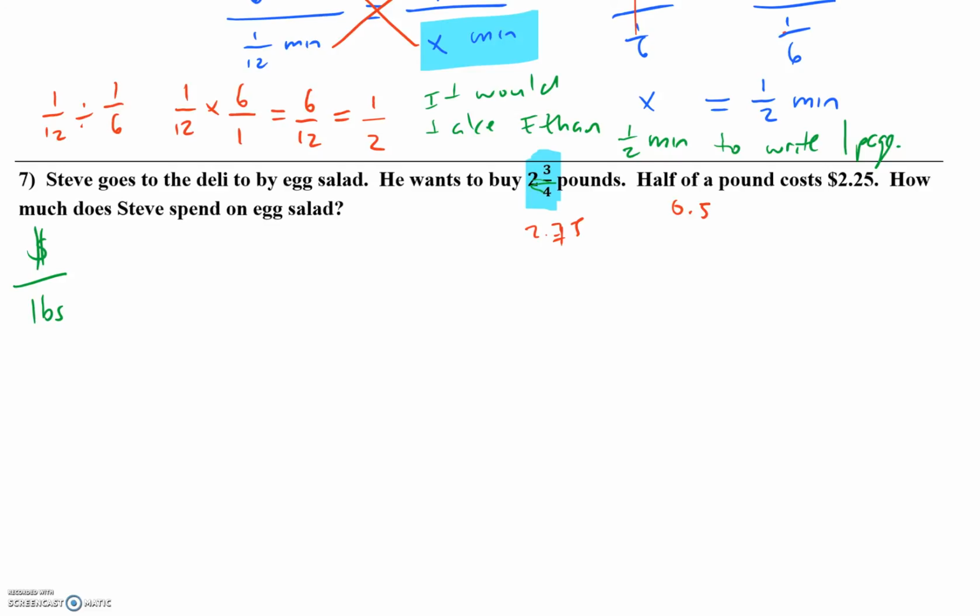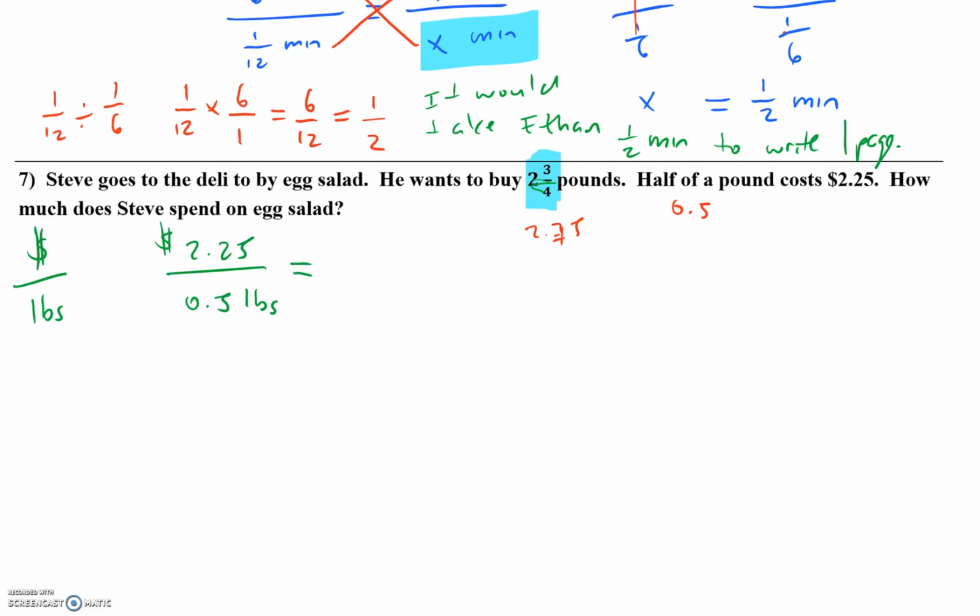Okay, so let's fill in what we know. Well, it says he wants to buy 2.75 pounds. Half a pound costs $2.25. All right, so that indicates that we know that a half pound is $2.25.